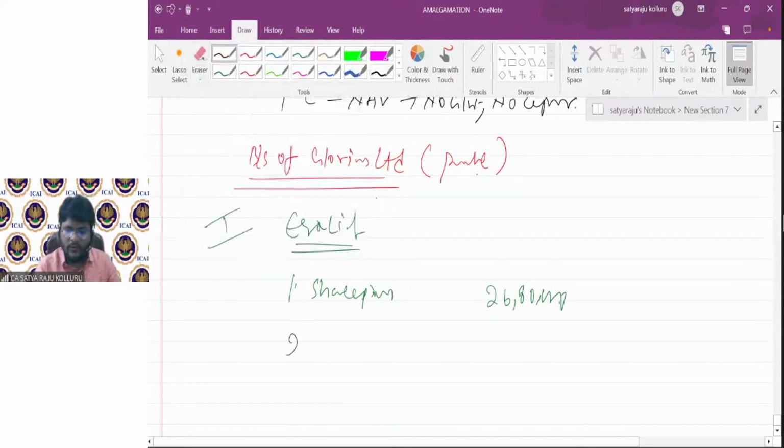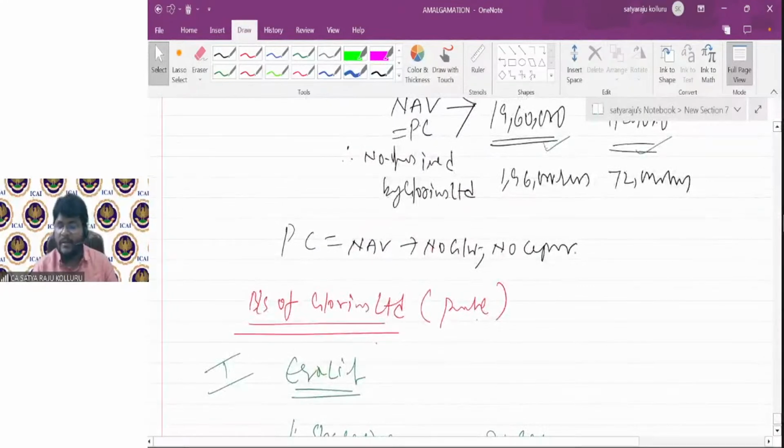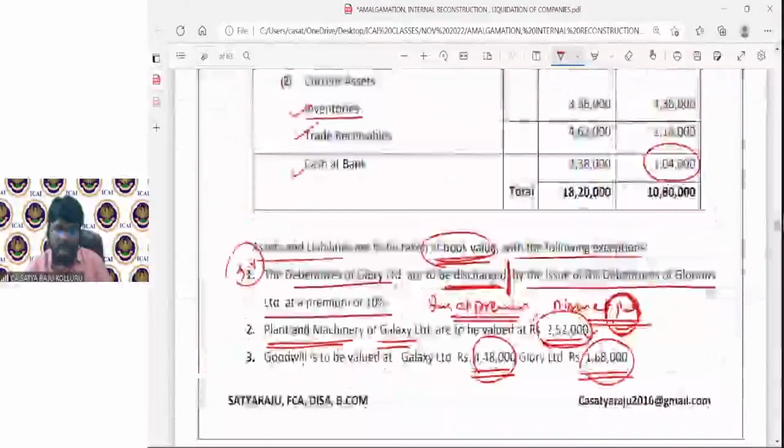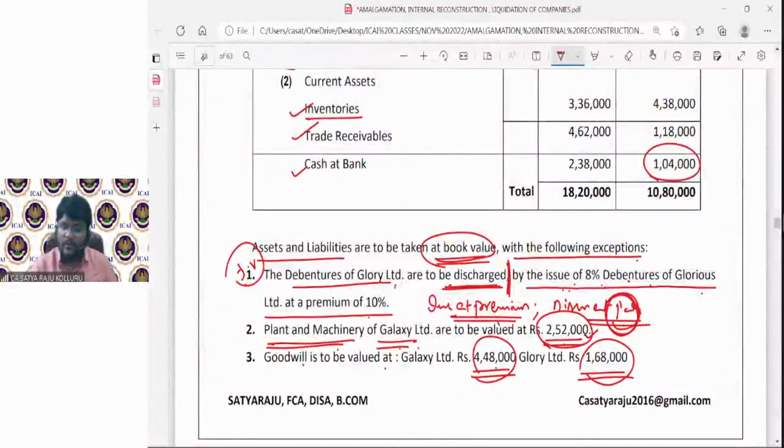Next, you can go for reserves and surplus. In this case, PC is equal to NAV. That's why no goodwill, no capital reserve. But one thing is sure, it is clearly given that debentures are issued at a premium.